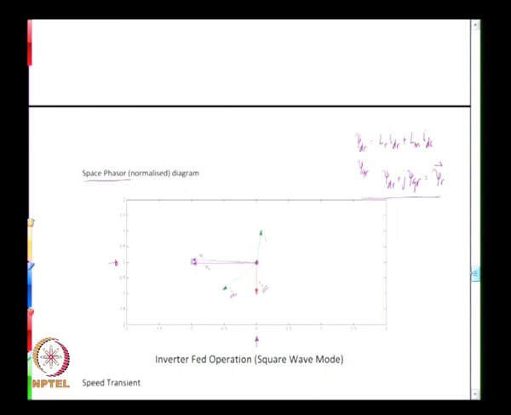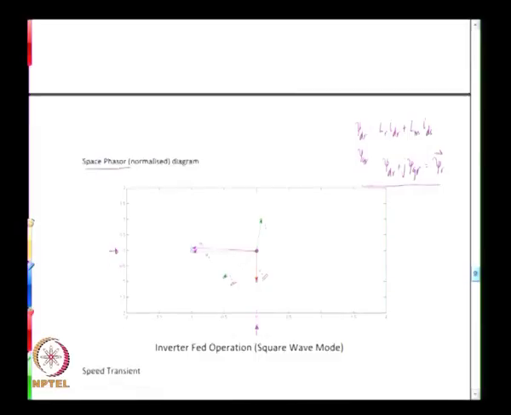Now what we have seen is basically the induction machine with a DOL start, that is a direct online start. First we saw free running acceleration, and then we have seen the loaded case with some particular load speed torque characteristic. This is a sinusoidal analysis, that means you are supplying sinusoidal voltage to the machine and you want to see how it behaves.